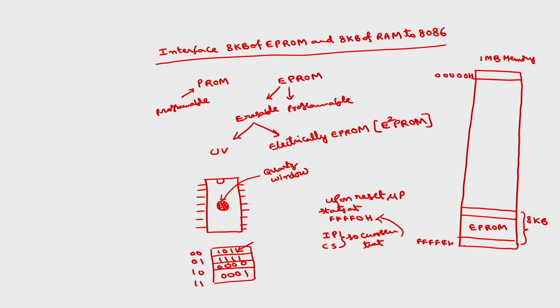So, the last address is FFFFFH. What will be the starting address if it is 8 kilobytes? Earlier we have also discussed how to obtain the ending address knowing the starting address, or the starting address knowing the ending address. I will review the same thing again. 1 kilobyte is nothing but 1024 bytes. 1024 is a decimal value.